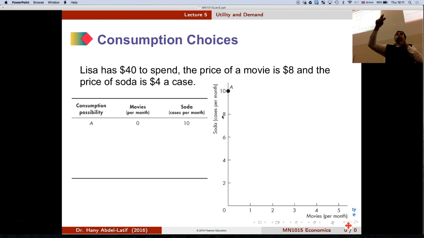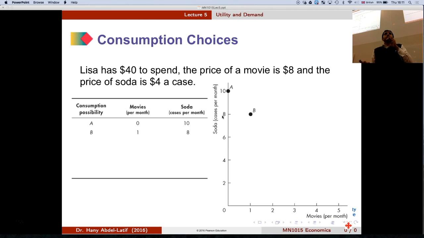Point A is just one possibility. There are many possibilities for the way she can allocate this income between the two products, soda and movies. For example, she can decide to watch one movie. This will cost her $8.